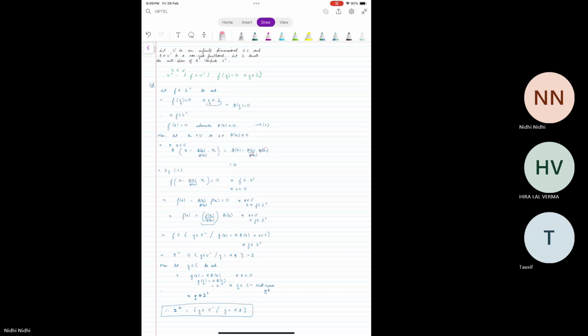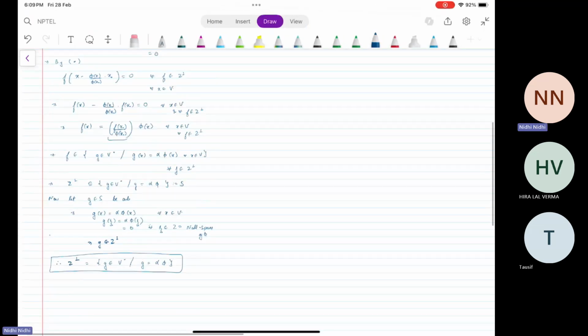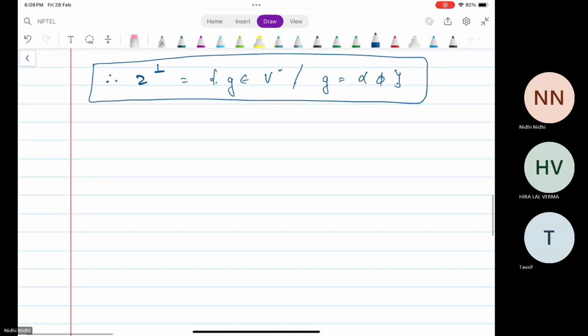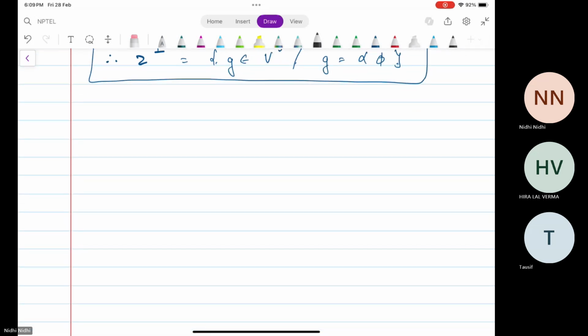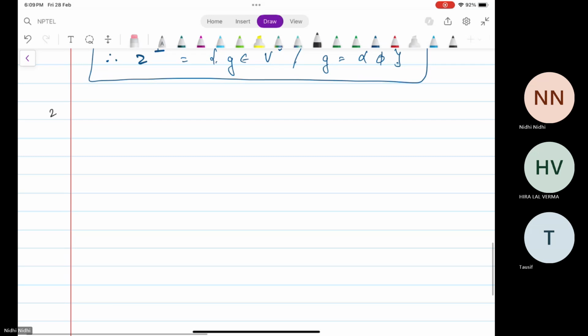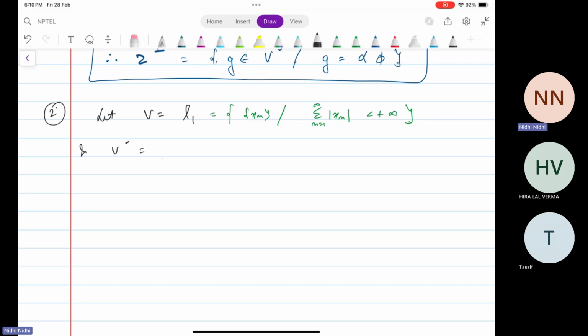So, let V be equal to L1, which is the space of all those sequences x n such that summation mod x n is finite, and V star is L infinity.